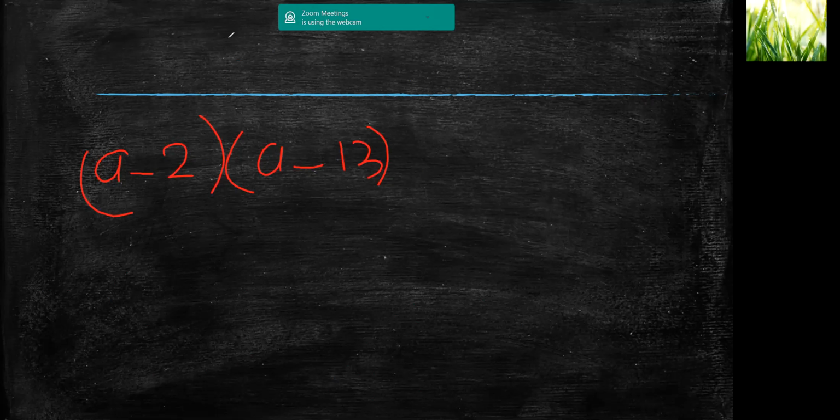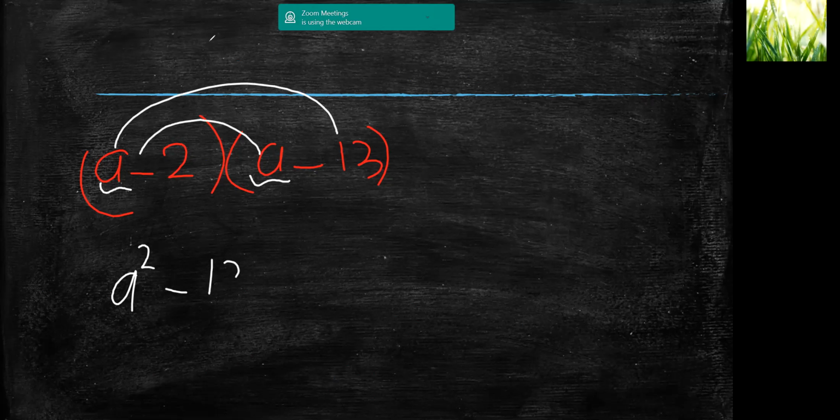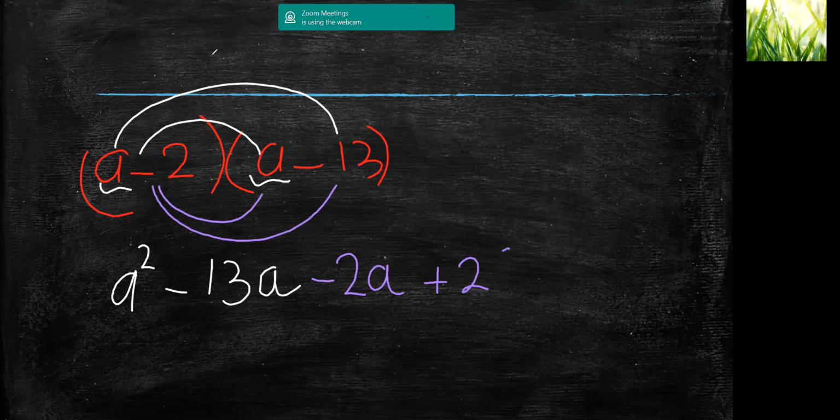A times a is a squared. Then a times negative 13 is negative 13a. Then negative 2 times a is negative 2a. And negative 2 times negative 13 is positive 26.